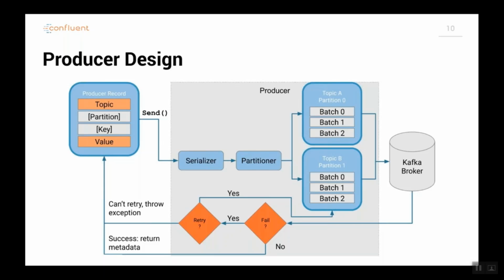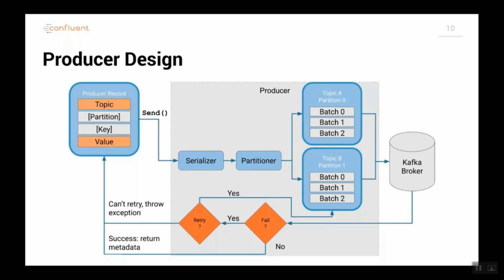And the interpretation of that data, applying a specific structure to it, converting it into a higher-level object to work with in your applications, is the responsibility of your clients, your producers and your consumers.